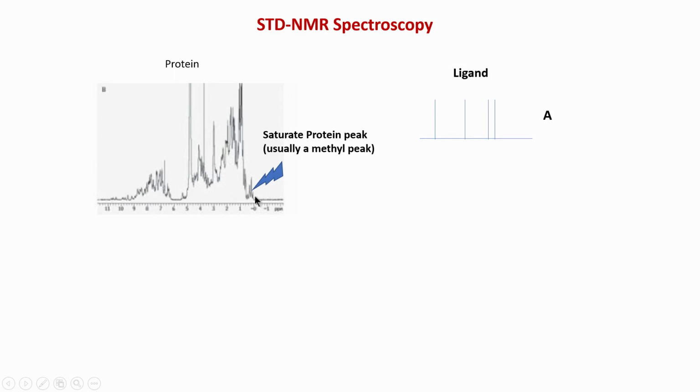So, ligand peaks are hopefully not coming here, and secondly methyls are always in the hydrophobic core of the protein, and ligands also sometimes bind in the deep pockets of the protein. So, if we expect the ligand interaction in the deeper hydrophobic pocket, then the methyl signal irradiation will immediately affect the irradiation or signal of the ligand, which is also sitting in the hydrophobic pocket. So, that is the expectation, and that is what is done here.